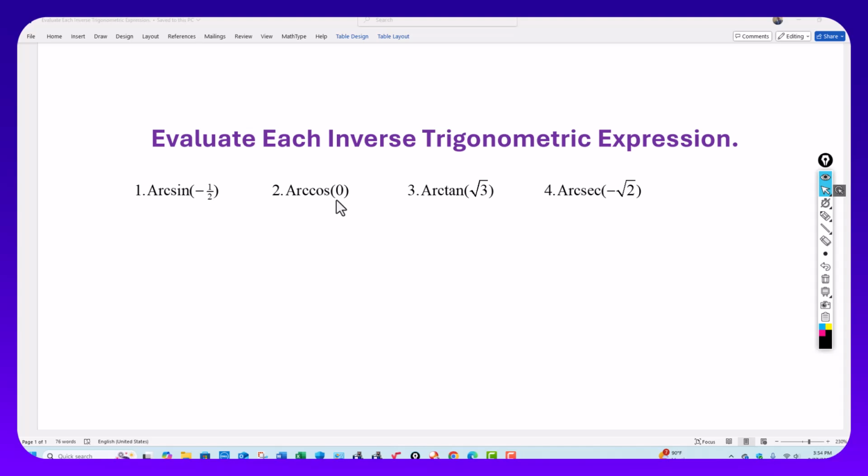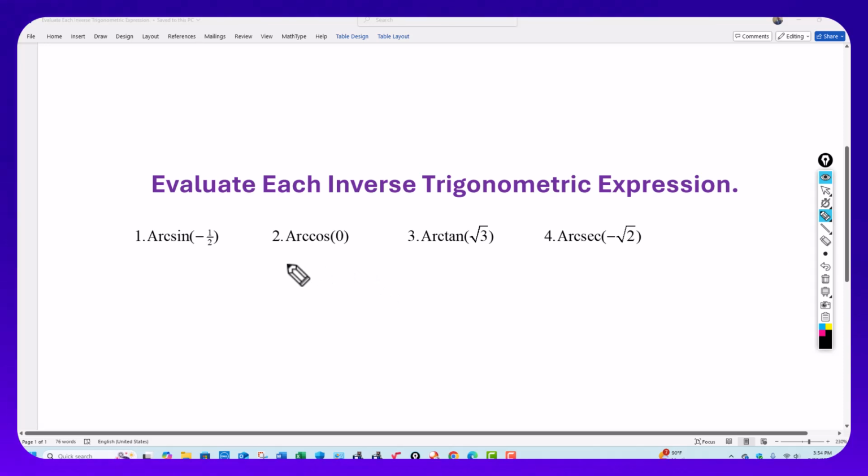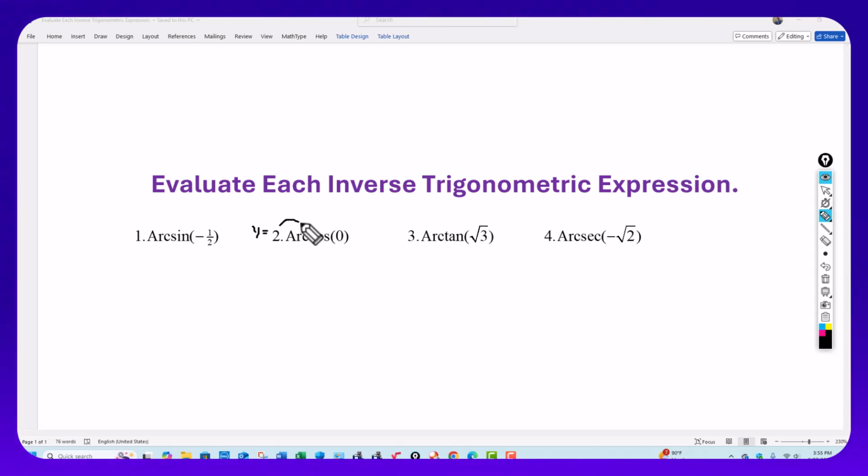And the next one, we're looking for the arccosine of 0. So we want the angle that has a cosine of 0, but it has to be in this range. There are a lot of angles that have a cosine of 0, but we want the one that is between 0 and π, including 0 and π. That's the same thing as saying y is the angle that has a cosine of 0.